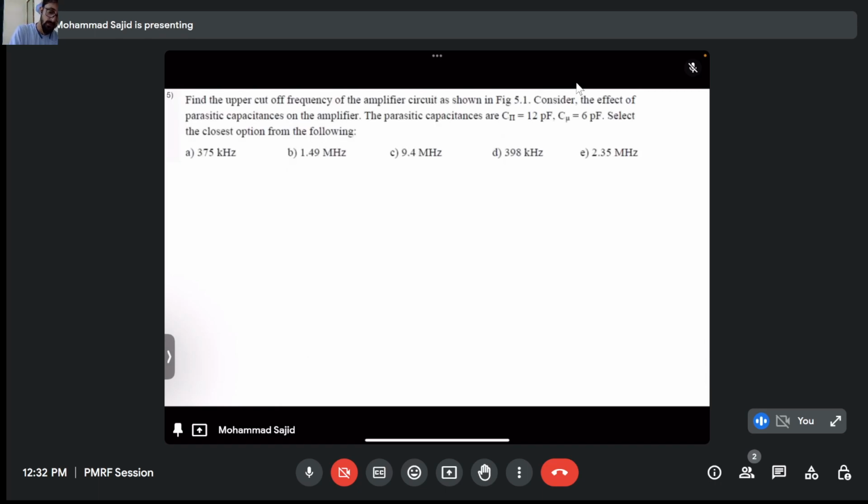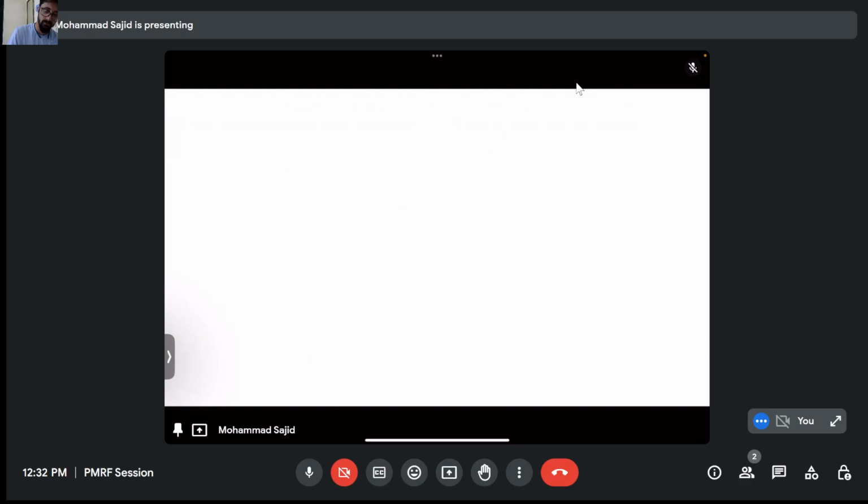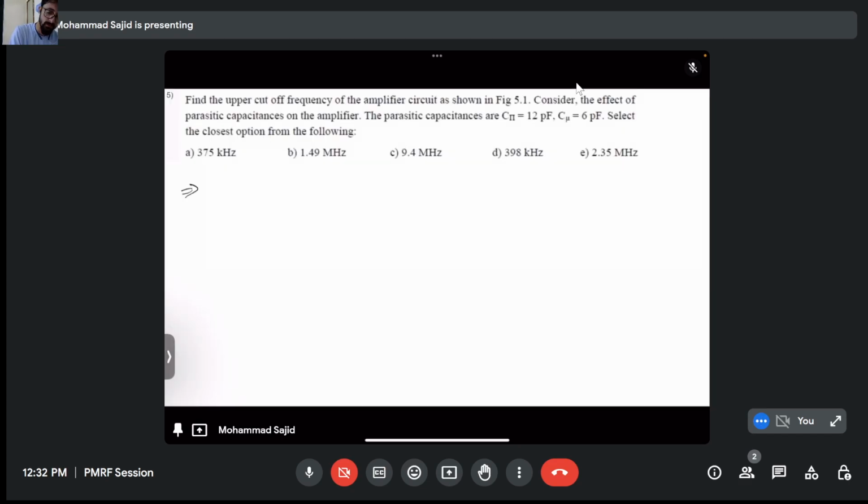Okay, now we have the last question for today, I suppose. Yes, we have to find the upper cutoff frequency of the amplifier, and we have C pi and C mu 6 picofarad given.